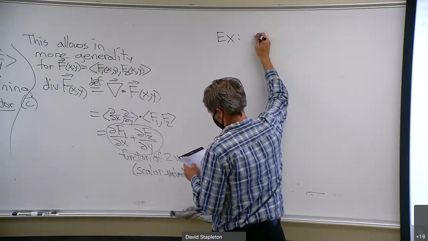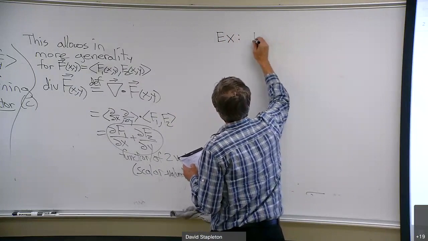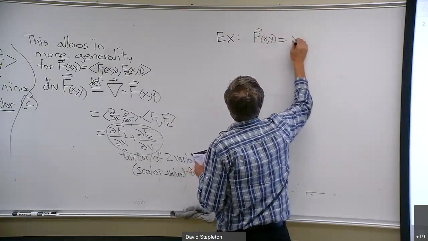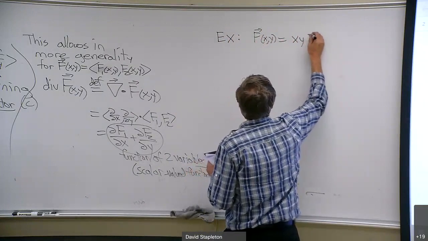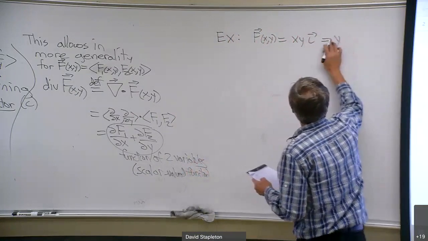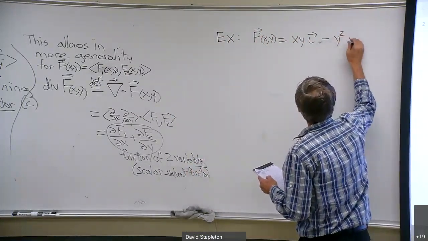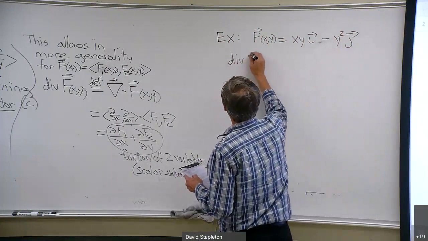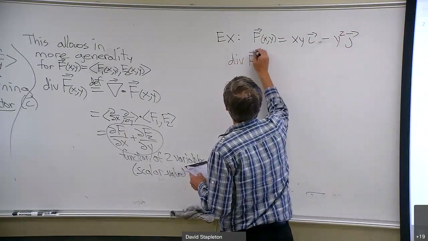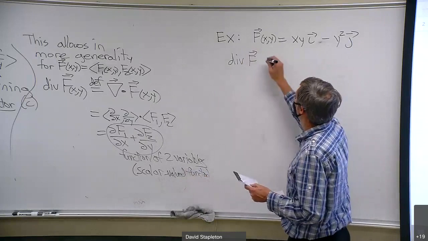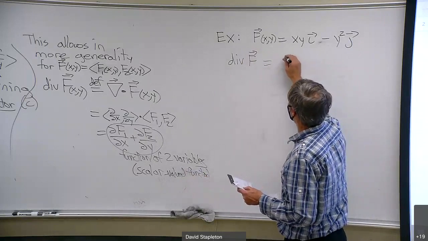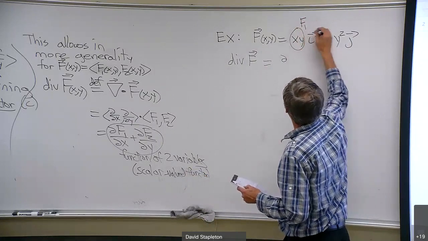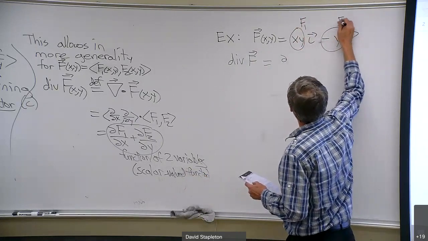Say f of x, y is xy i minus y squared j. What is the divergence of f? Well, again, this is f1, this is f2, and the divergence is very easy.